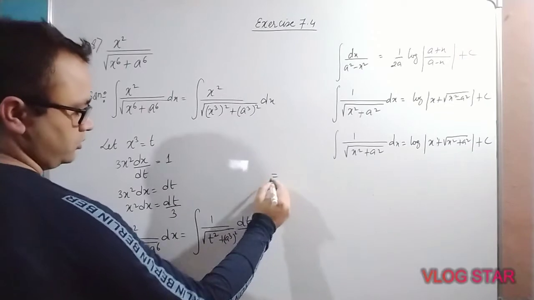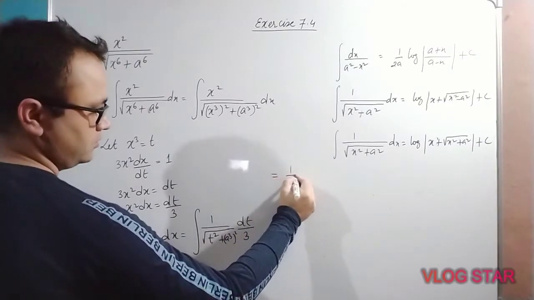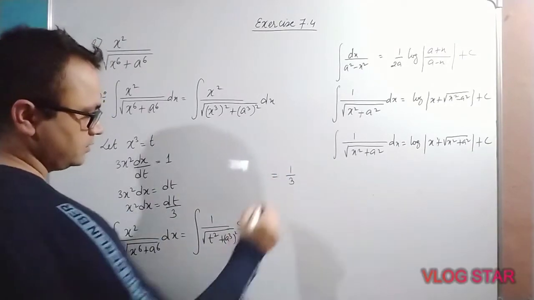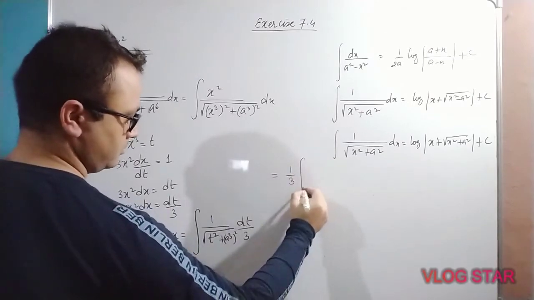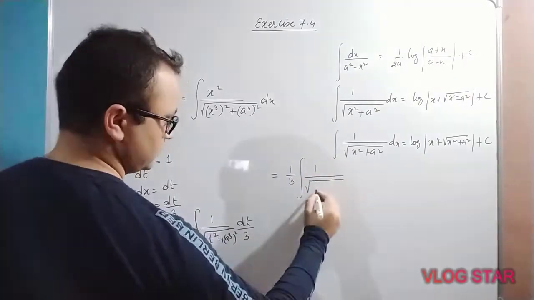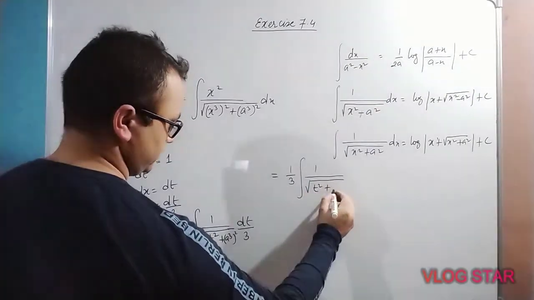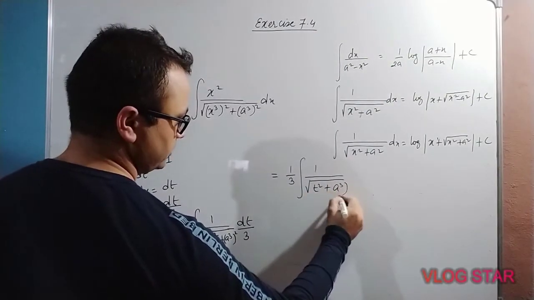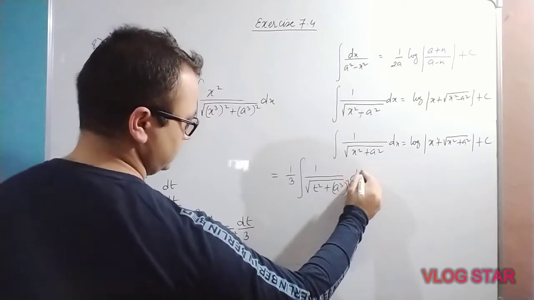We can take 1 by 3 outside: integration of 1 by root under t square plus a cube whole square dt.